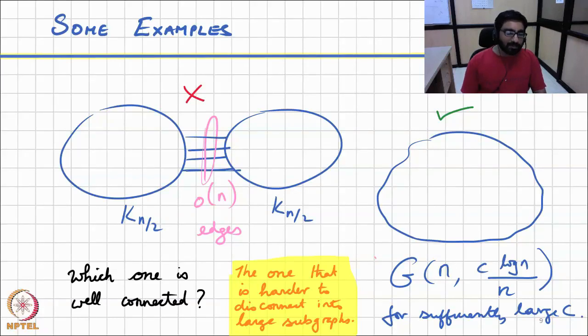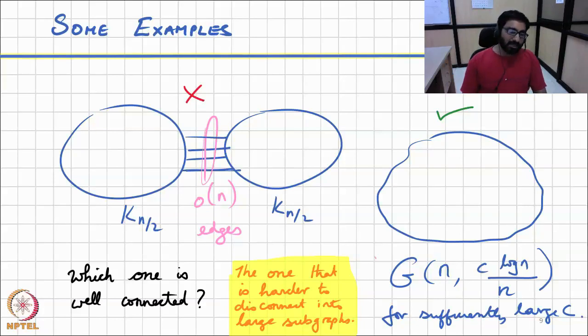So it's very easy to disconnect the graph on the left. You only have to remove the edges connecting those two complete subgraphs. It's harder to disconnect the graph on the right while breaking up the graph into two equal subgraphs.